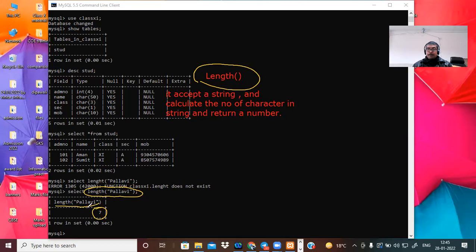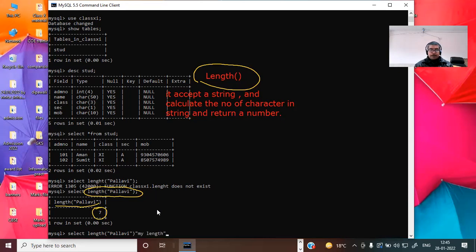I want to change it. So what will I do? You see here. Select length. My length. I will write my length. Okay.